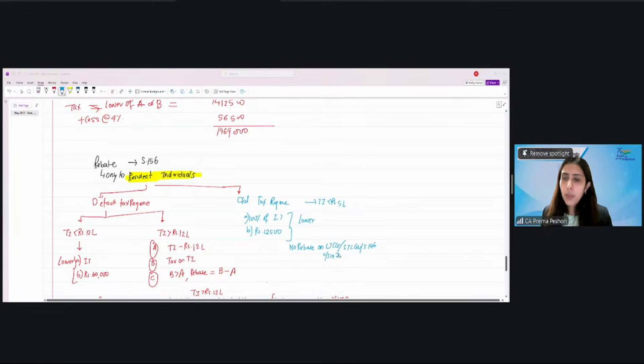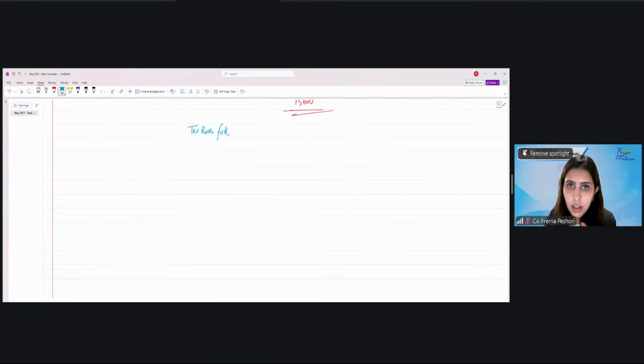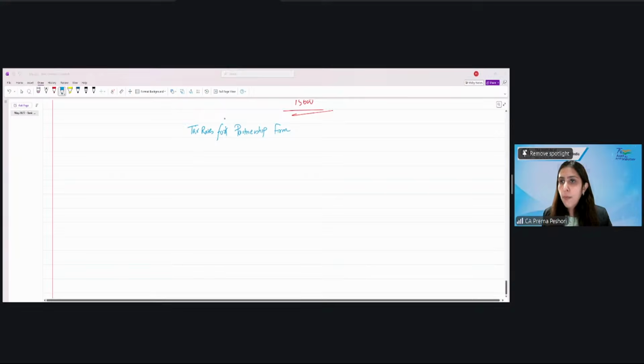Let us start back with the rest of the tax rates. Tax rates for the partnership firm.